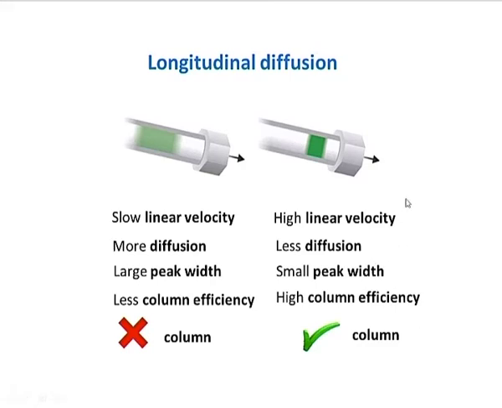But whenever I make these comments, you should always bear in mind that there is a limit to which we can increase all these factors. For example, if I say high linear velocity, you cannot increase linear velocity beyond a limit, right, and that we would see as the course progresses.